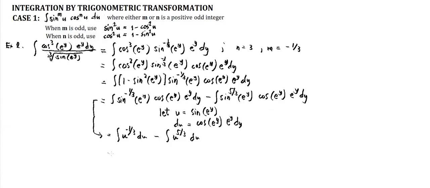At saka tayo mag-integrate gamit yung general power rule. So, magkakaroon tayo ng u raised to negative 1/3 plus 3/3, so equals 2/3, divided by 2/3 or times 3/2. And then minus u raised to 5/3 plus 3/3, so that's 8/3, u raised to 8/3, divided by 8/3 or times 3/8, and then plus C. Okay?